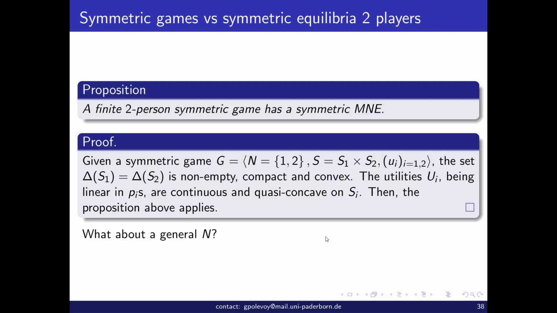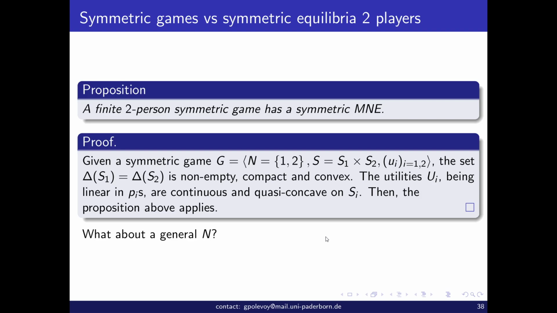We say the following. Given a symmetric game on two players, the mixed strategy sets are equal, non-empty, compact, and convex. The utilities are linear, and continuous, being linear in the probabilities, and they are also quasi-concave on this set. We can show it, but for the sake of time we don't do it.